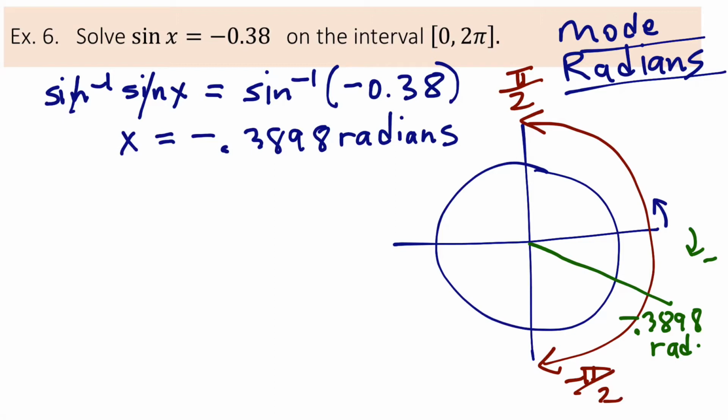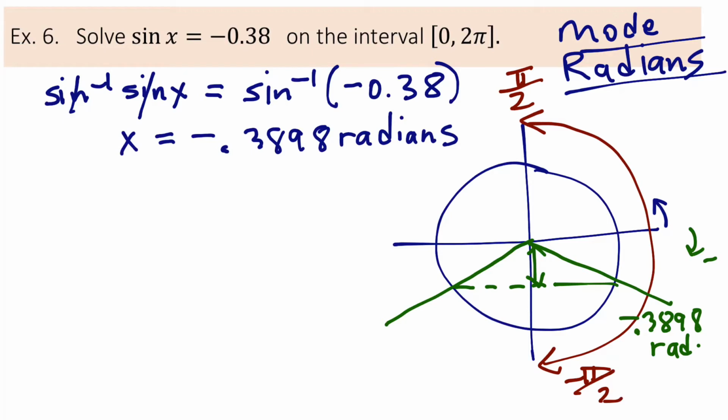When we're talking about sine, we have to realize that that's only one of the angles that we have. We've also got that same sine value in the third quadrant. The sine value is that dimension from here to here, your y dimension.